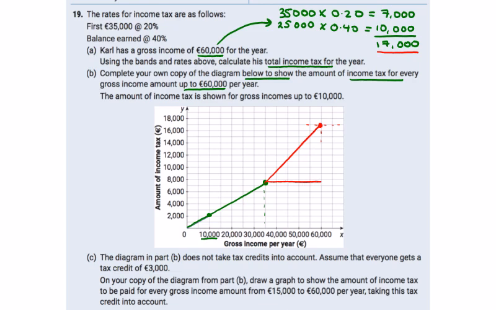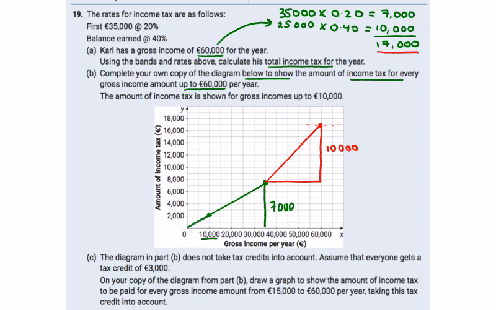It goes from 7,000, this goes up 10,000. And we can see the green one goes up 7,000. And that's what we're asked to show.